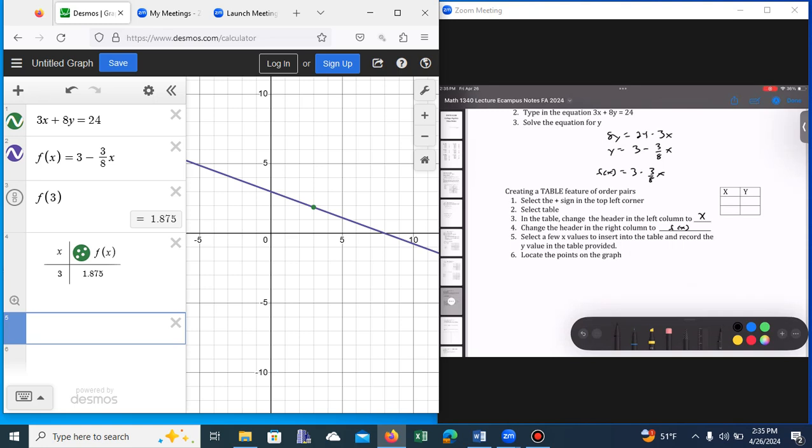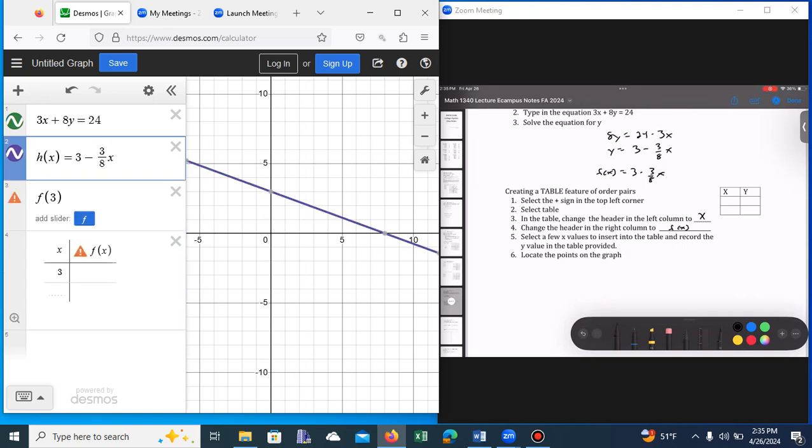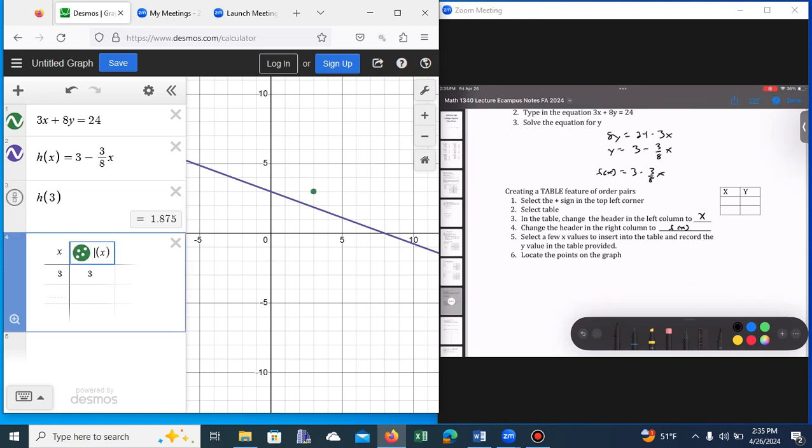As long as it matches up, it doesn't matter. H of 3 will give you the same answer. So you can change up the name. It's really all it is, a name. So we'll do one more. 5. It's 1.25.